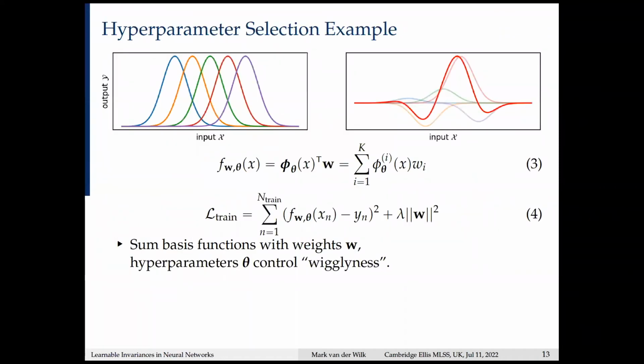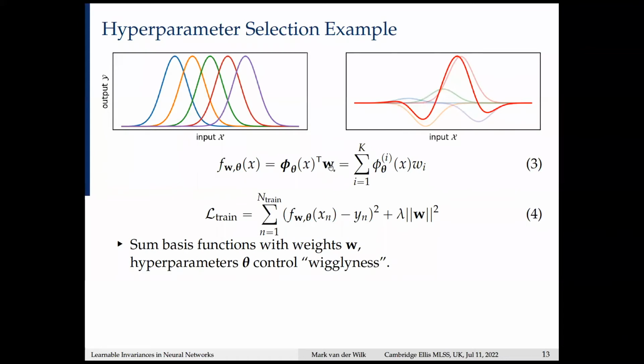As an analogy, I first want to start with a different inductive bias to invariance, but it illustrates the same principle. Imagine that we've got a one-layer neural network, which is basically a basis function model with these little Gaussian nonlinearities. If we want to learn a particular function, we need to learn these weights.